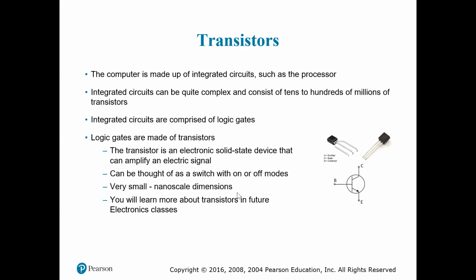So in order to get billions in an integrated circuit, we use robots. You will learn more about transistors in your future electronics classes. And what you will work with are not nanoscale, but they look something like this. This is an example of a BJT transistor, but there are several types of transistors, and you will learn, know, and love them.